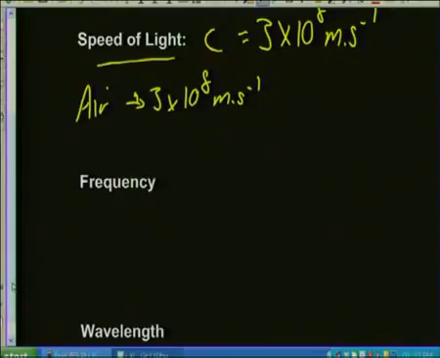Okay? Next thing that you need to be aware of is that there's this idea of frequency. Now, frequency has a symbol F. For any wave, we use the symbol F, and we recognize that it's measured in hertz. So the frequency of light tells us how many oscillations or complete cycles there are per second.